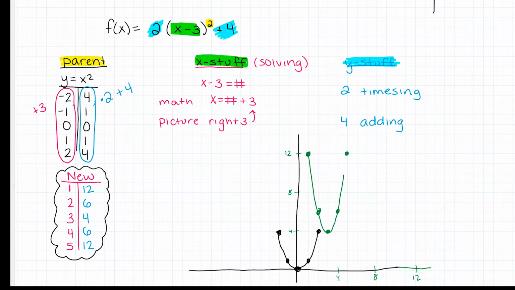We can talk about what happened. So we talked about how in the pink, the x stuff is going to move the picture to the right 3. You can see that the black picture did move to the right. But now, what happened with the y's? Well, when you times a y value, y's are your up and downs. So if you times a y value by 2, it's going to be twice as tall.